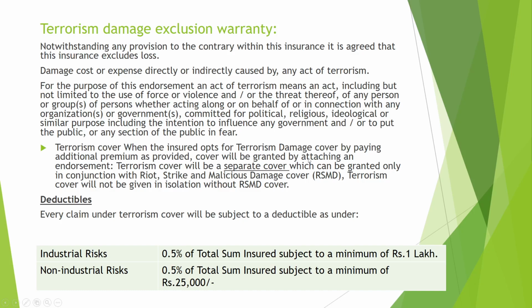Cover will be granted by attaching an endorsement. Terrorism cover will be a separate cover which can be granted only in conjunction with riot, strike and malicious damage cover, RSMD in short form. Terrorism cover will not be given in isolation without RSMD cover.